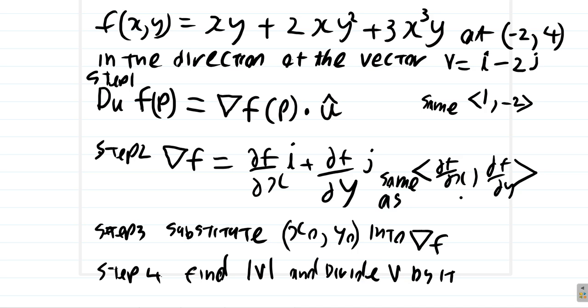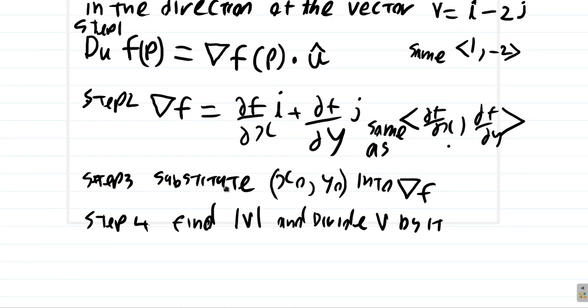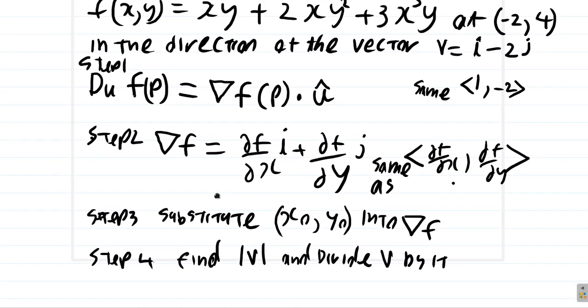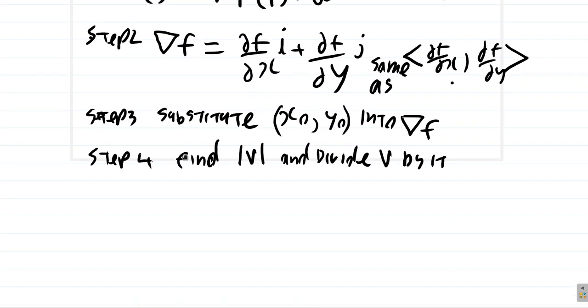Remember, even though I put this in step 4, you could even have started by doing that. You could have had it at step 1. Doesn't really matter, all right? So this will give you the unit vector. Dividing a vector by its magnitude will give the unit vector, all right? Step 5.